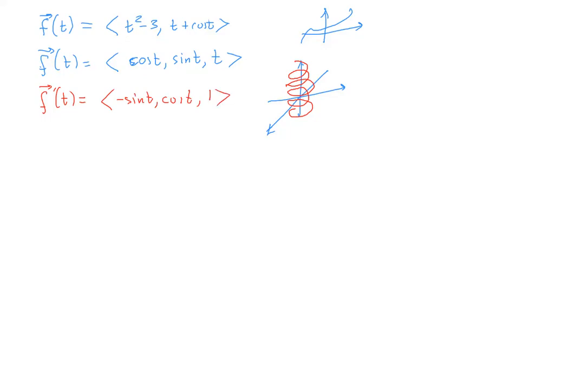In fact, if we consider them as motions, then the initial function, we can think of as the position function of the motion. Its derivative, which could also be denoted by v of t, is the velocity function.